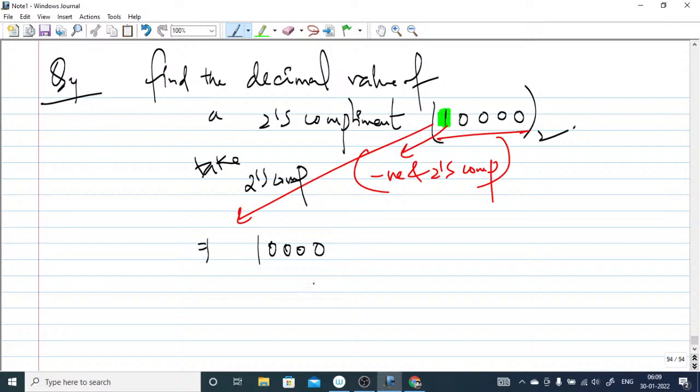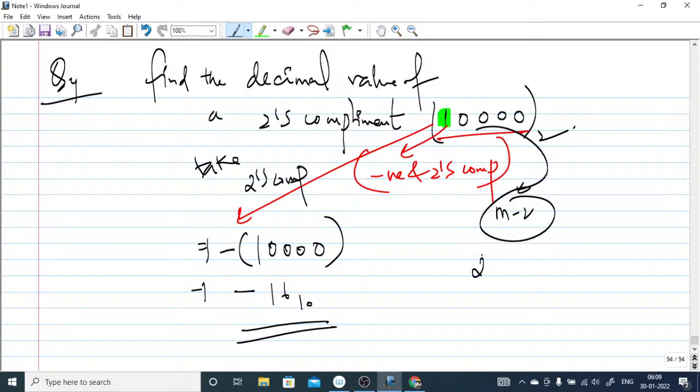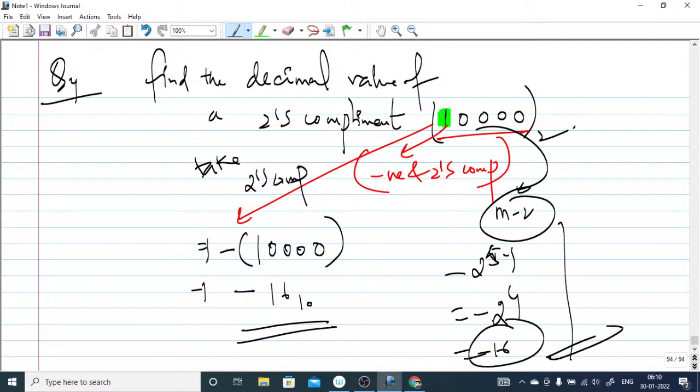You have got it already, and now minus of this, so it is minus 16. Directly you can answer. Or using method 2, it will be minus 2 raised to power 5 minus 1, as the number of bits is 5, that is minus 2 raised to power 4, that is 16. So directly you can find the answer.